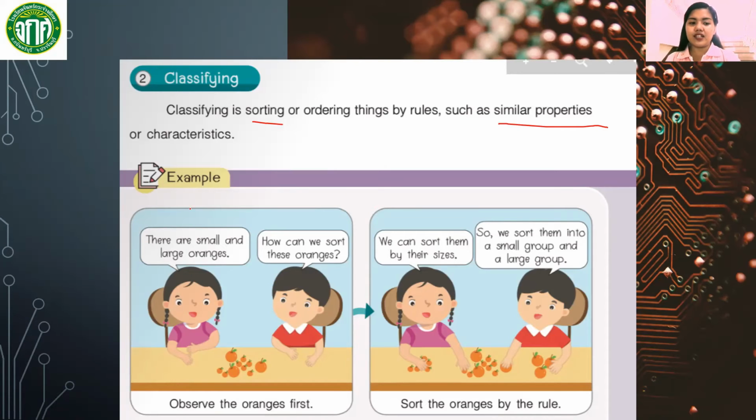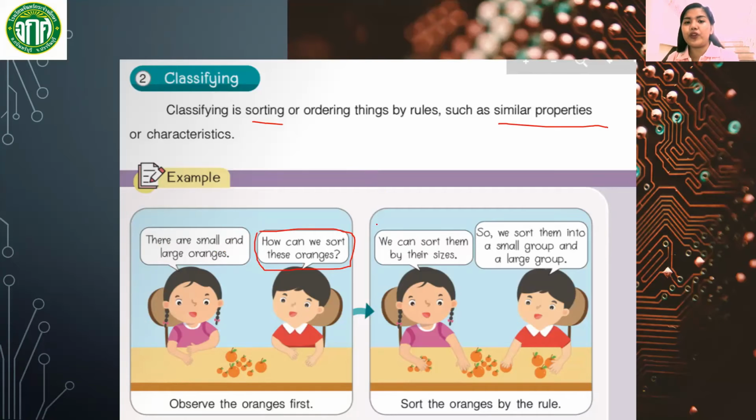We have here an example. Again, these are the students, a girl and a boy. They are looking at big and small oranges. The girl says there are small and large oranges. The question is, how can we sort these oranges?